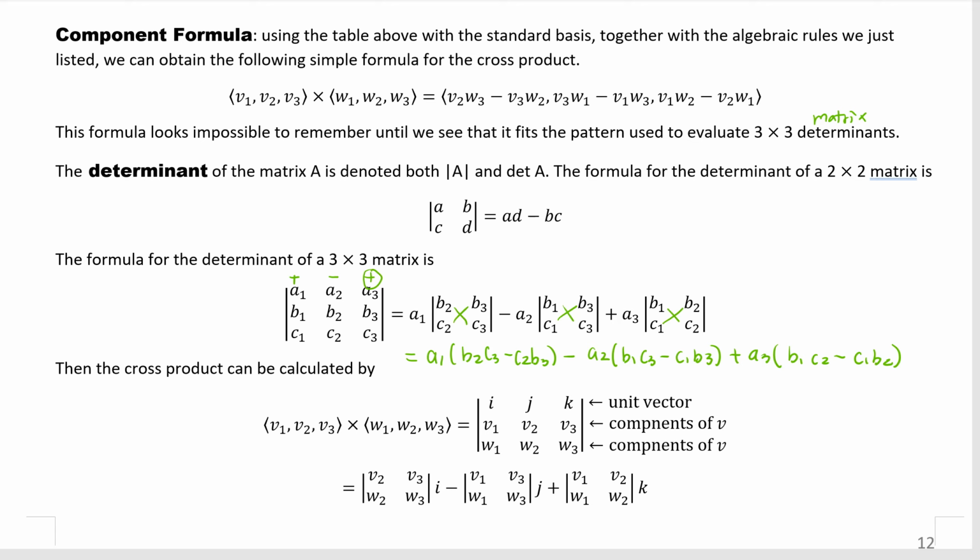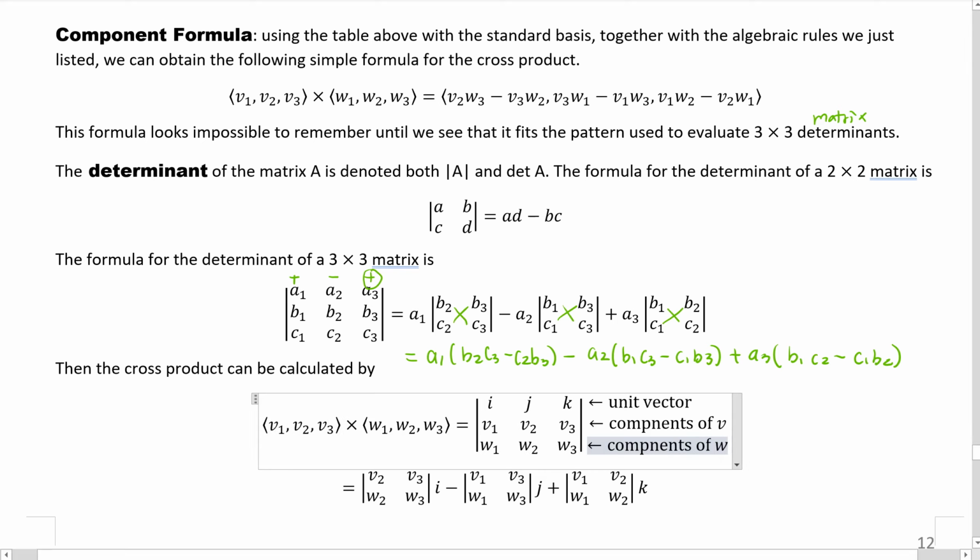Now the cross products. The cross product V1, V2, V3 cross W1, W2, W3. In the first row we write down the unit vectors, the i, j, k basis vectors. For the second row, we write down the components of V. The third row, we write down the components of W. And then we compute the determinant: positive, negative, positive.